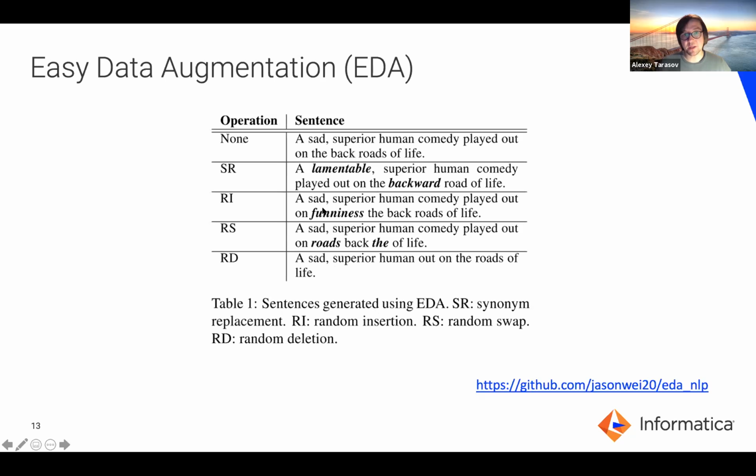Random insertion, again, that's a random permutation kind of thing. It just finds a word in a sentence, finds a synonym for it, and just throws it into the sentence in a random place. There is also random swap, which just swaps two tokens, and there is random deletion, which just deletes a token. So anyone who looks at it and who has a somewhat critical mind can say, well, actually this stuff can break your sentence.